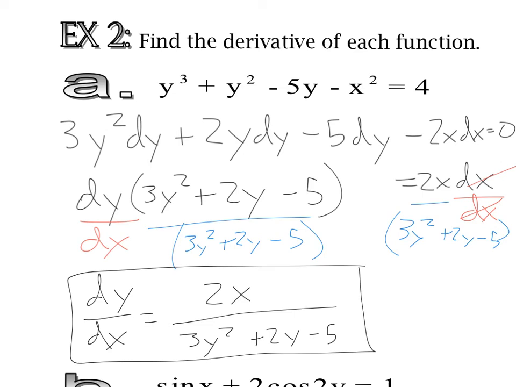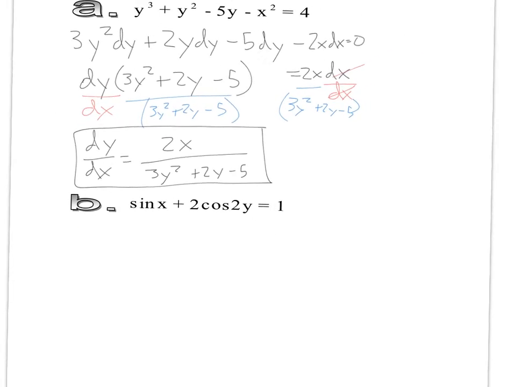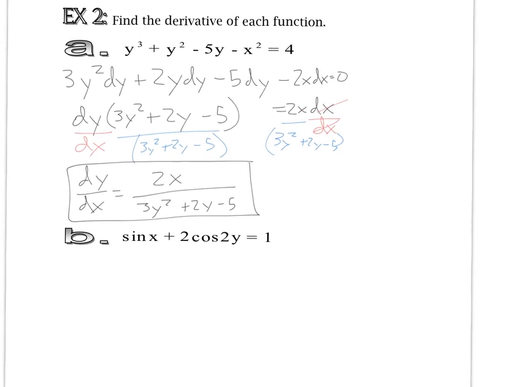And now we have the derivative. It's funky, but it works. There we go. All right, why don't you guys just give this one a shot on your own? You can probably figure it out, but give it a try, and then maybe pause the video, work on it, and then unpause the video when you're ready to check your work.